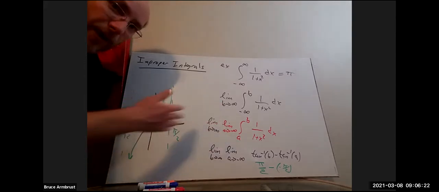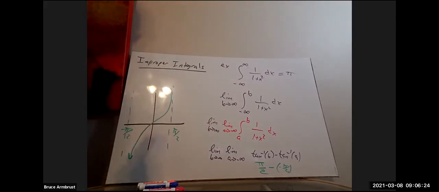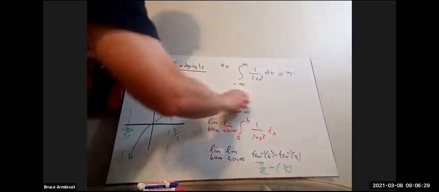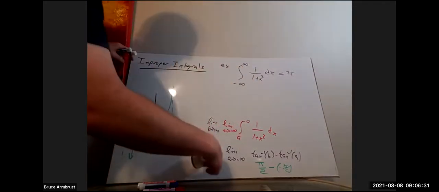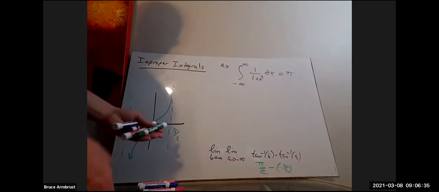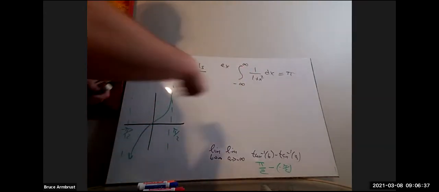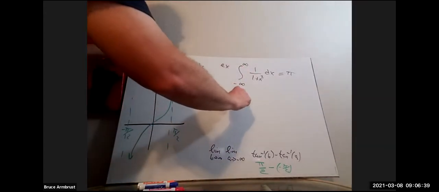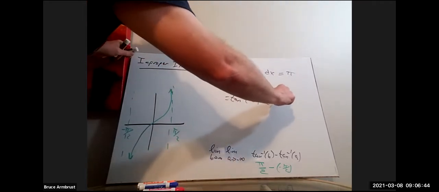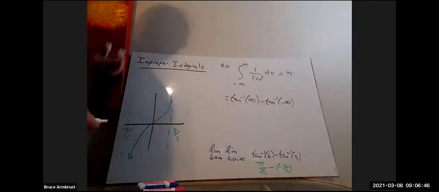I don't actually write it out. So what you'll see me do if we have something like this, instead of doing the whole write out the limits business, I'll jump straight to, all right, I know that's an inverse tangent. So this is going to be inverse tangent of infinity minus inverse tangent of minus infinity.